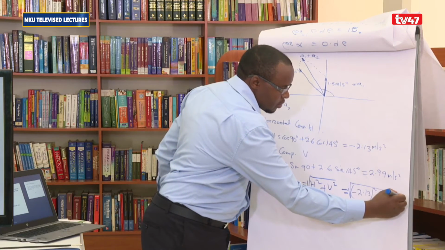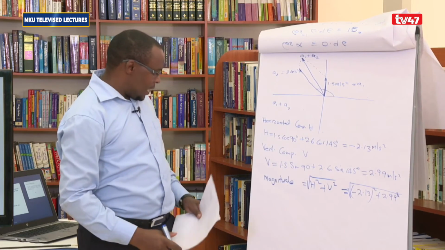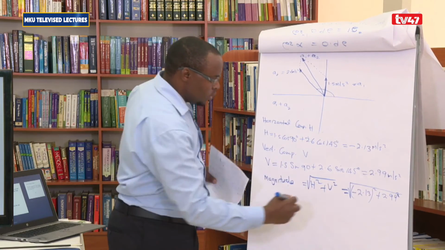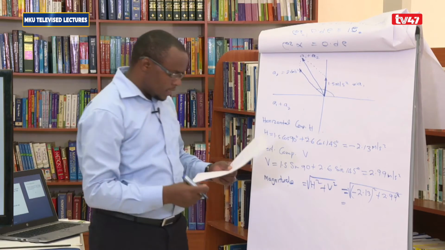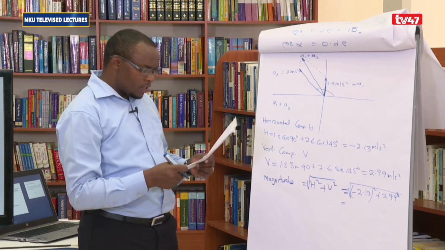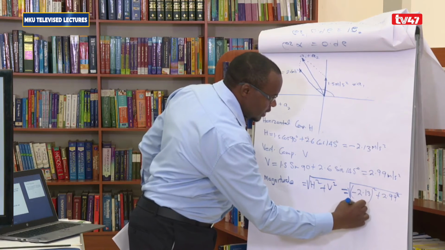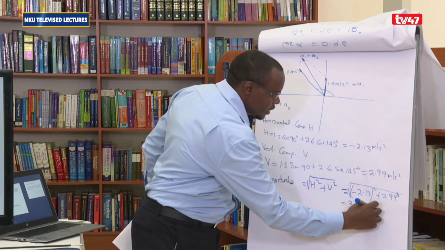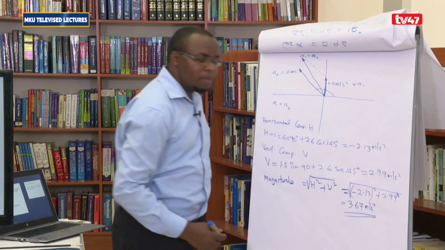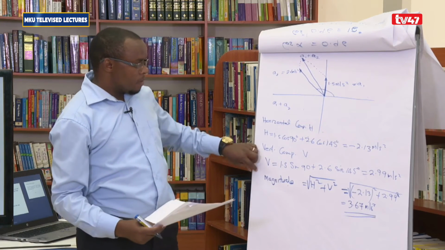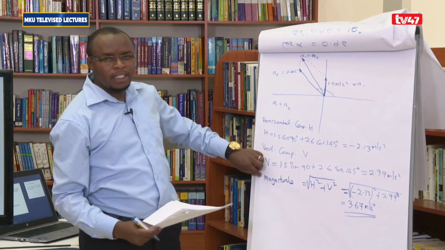And when you work this out, you are going to get 3.67 meters per second squared. So that is the magnitude of that vector, 3.67 meters per second squared.